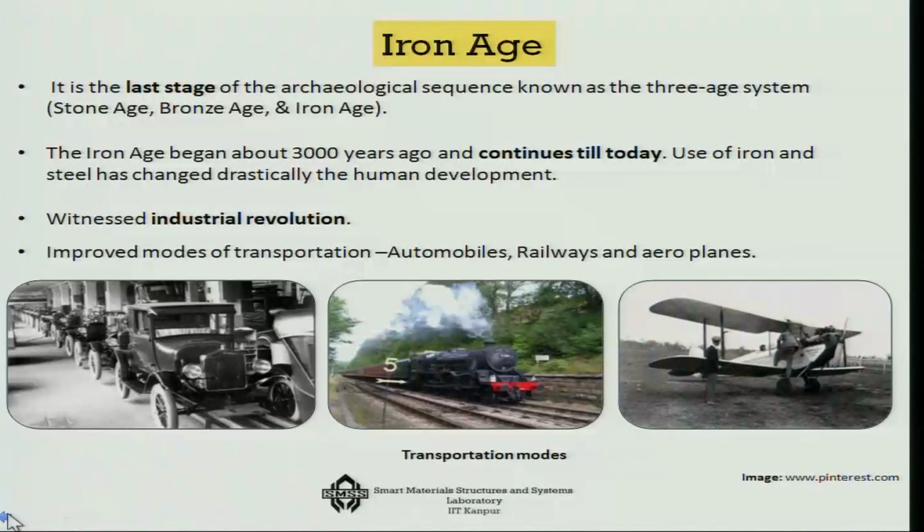People tried to replace the railway coaches with aluminum based coaches, but they have not had success so far. And then of course, other things like aircrafts, but in aircrafts, iron is more in the form of alloys, partly because of its heavy weight. So, that is how the Iron Age has advanced from 3000 years ago till today.